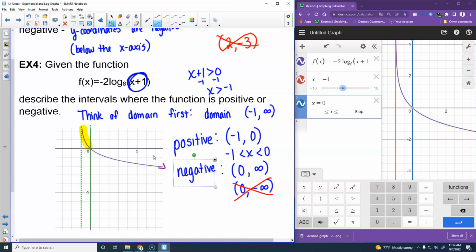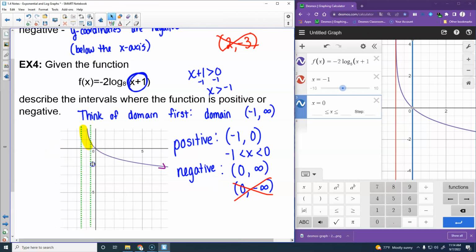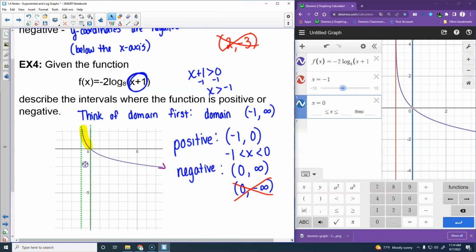When we answer these questions, we're asking the domain, the x values where this happens, right? So what we want to do is put vertical lines around it. The vertical line here would be at 0. The other vertical line we can't really draw. Let's say theoretically we could make it over here.